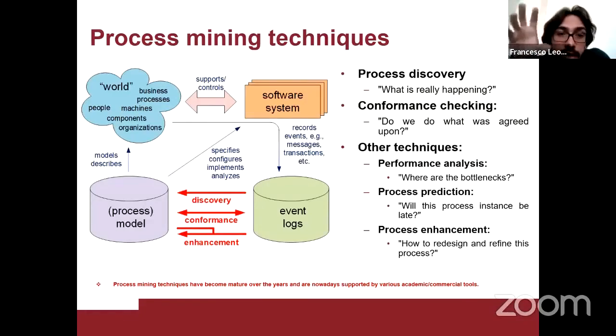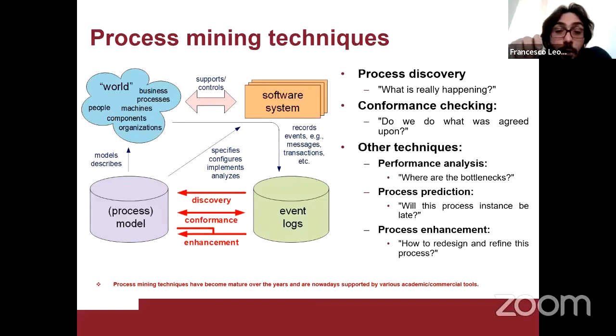And what we want to do is to confront this event log with the process model that we have in the documentation of our organization, or that we want to extract directly from event logs. If we want to extract the process model from the event logs, what we do is discovery. If we want to confront an existing process model, either made by hand or extracted automatically from data, we do conformance.